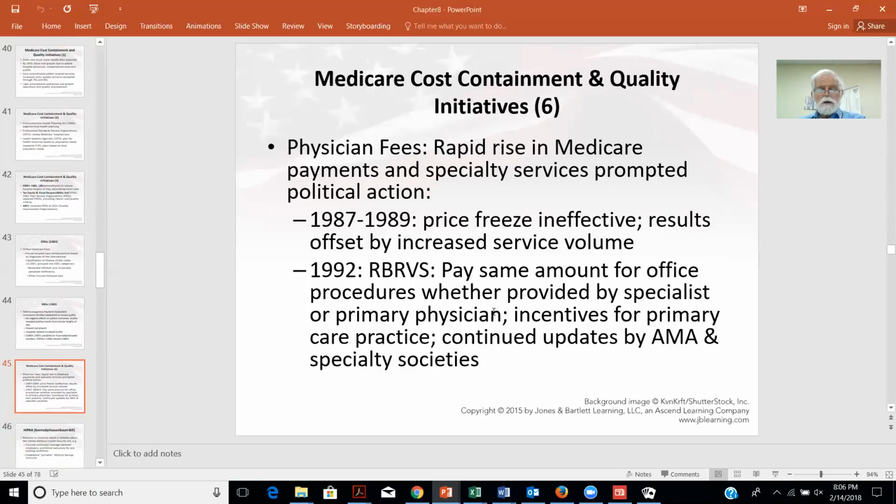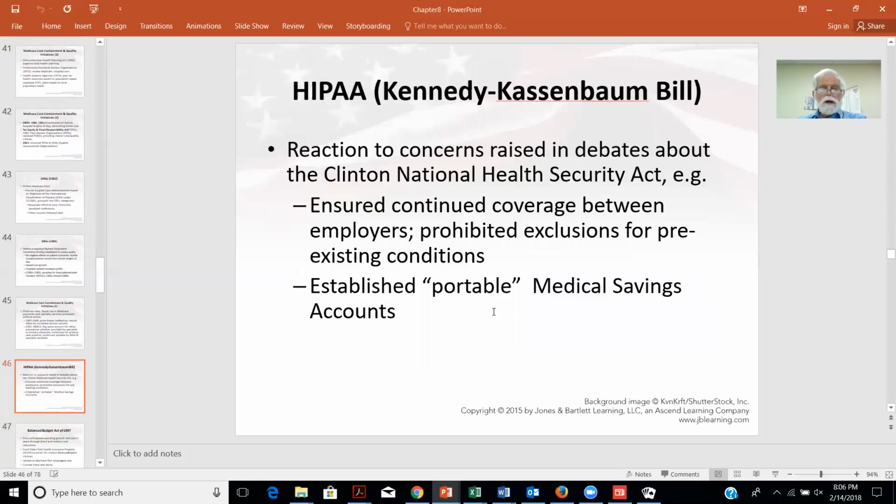The results basically were offset by an increase in volume. In 92, the payments were stabilized for specialist or primary physician and made identical. That was a way to try and do that.